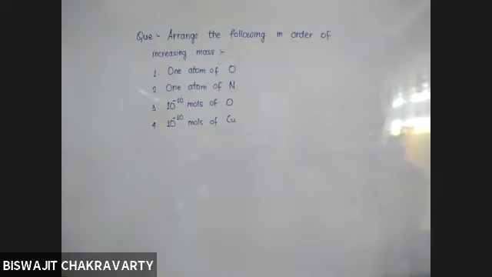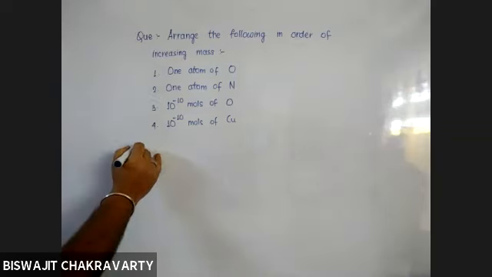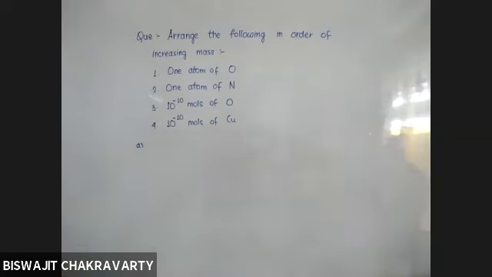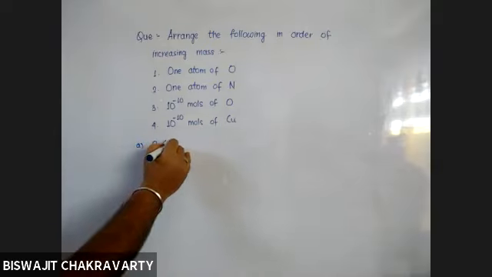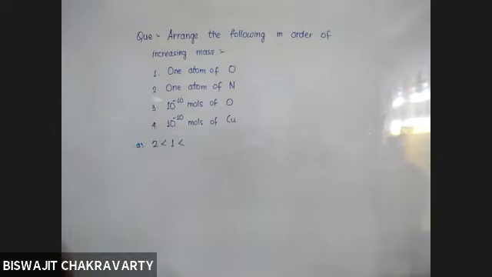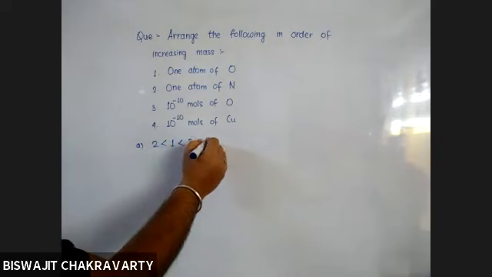So you have to arrange them in increasing order of mass. Take your time, think about it, and tell me. Okay, let me give you the options also. Option number A, 2 less than 1, less than 3, less than 4.